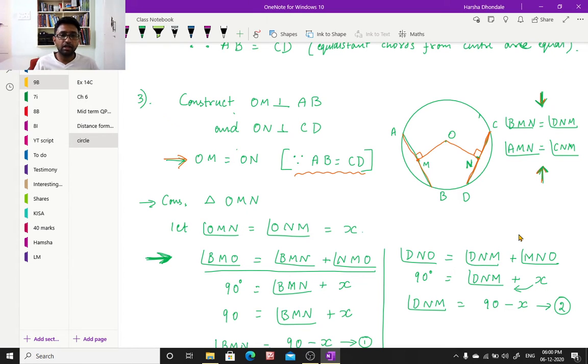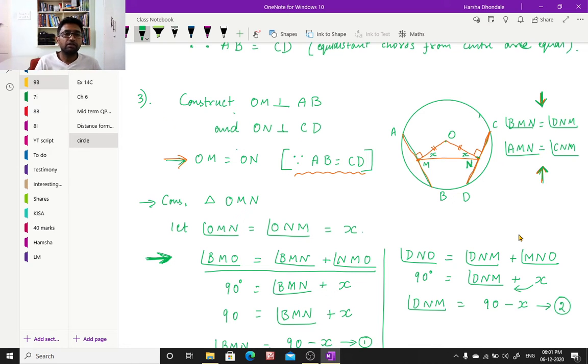Okay. Then I will just join M and N. Before that, I will show OM is equal to ON. Therefore, I'm indicating it like this, and then I will join M and N. Now, if this angle OMN is X, then this also must be equal to X because OMN is now an isosceles triangle.